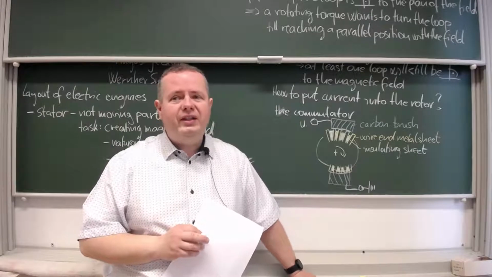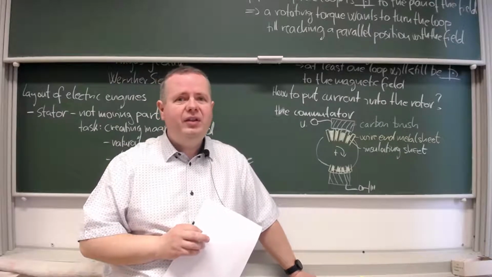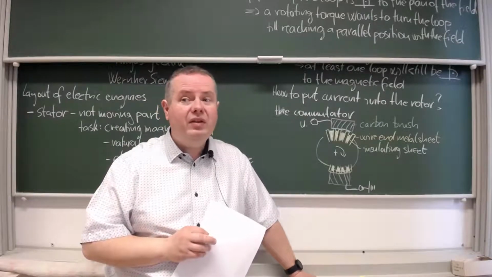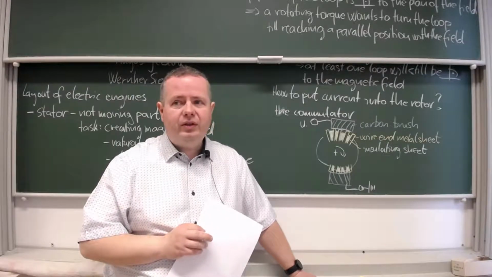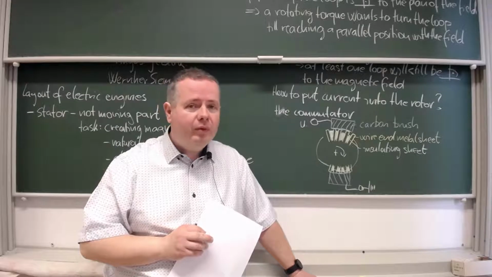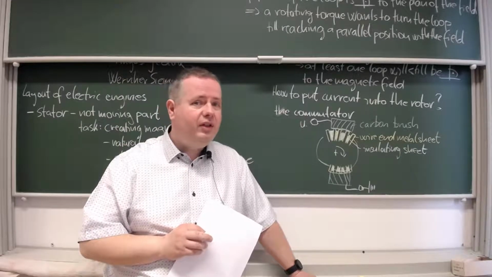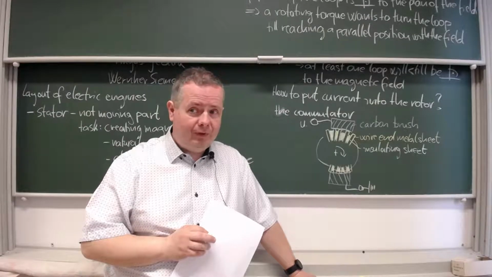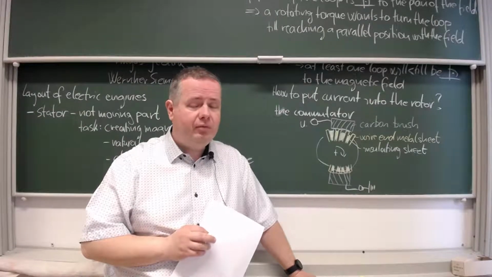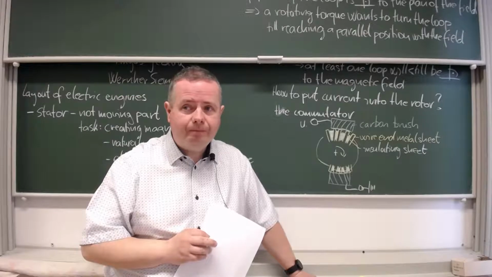We've got to create somehow both the static field and the moving field. And the classification of the electric engines usually is based on how we create the static field and how we create the moving field. Okay? This is the base, shortly.